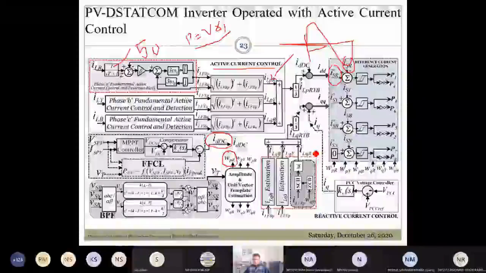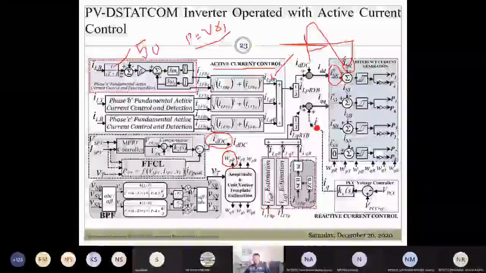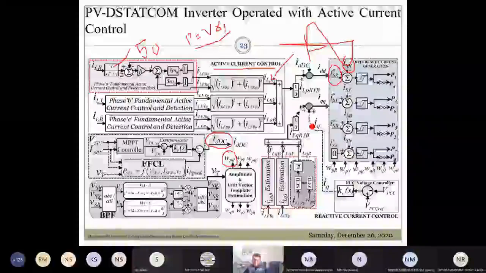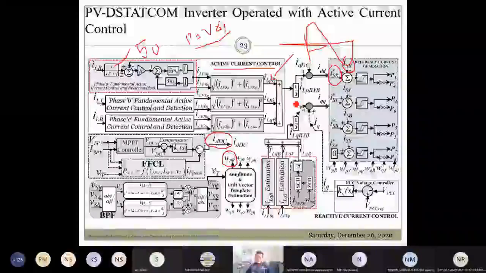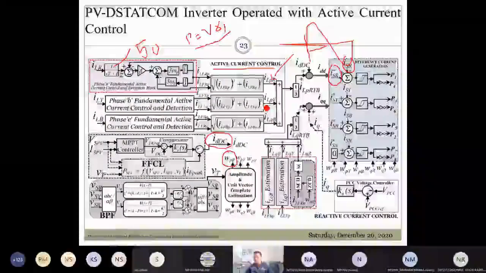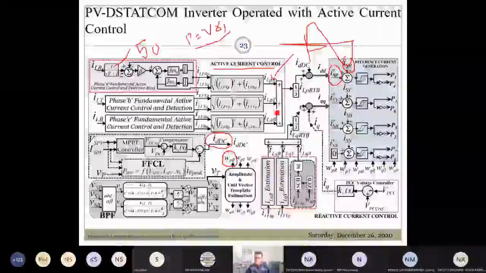There could be two ways. One way is to ensure unity power factor operation. In that case, you will only compensate the reactive current demand of the load, and therefore the reactive power supplied by the utility grid will be dropped, and as a result, the power factor of the utility grid will be improved to unity.